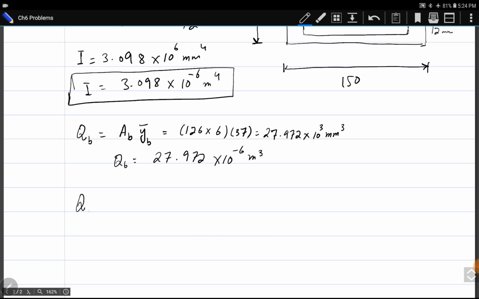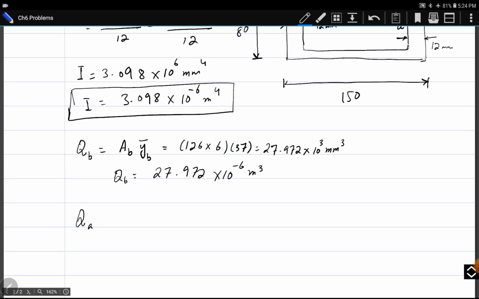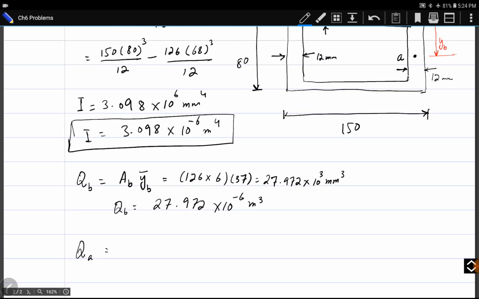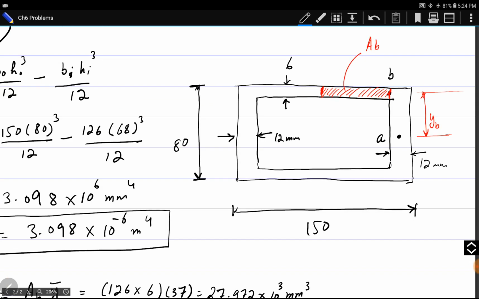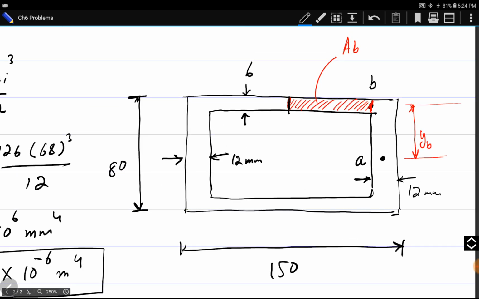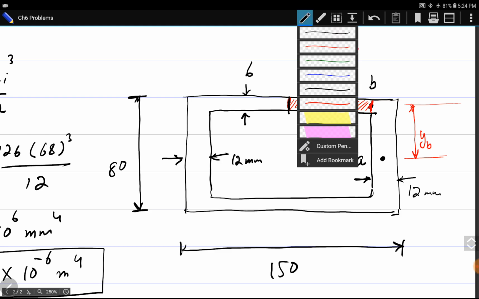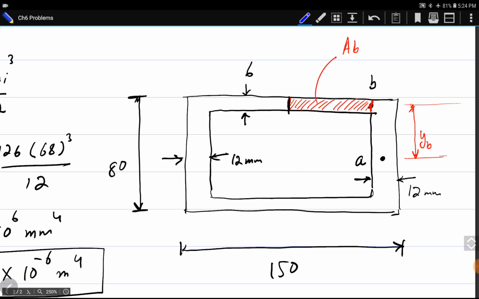Okay, Q_A. When the shear flow starts from this point and reaches point A, it covers area A_B and then this vertical area till this point.